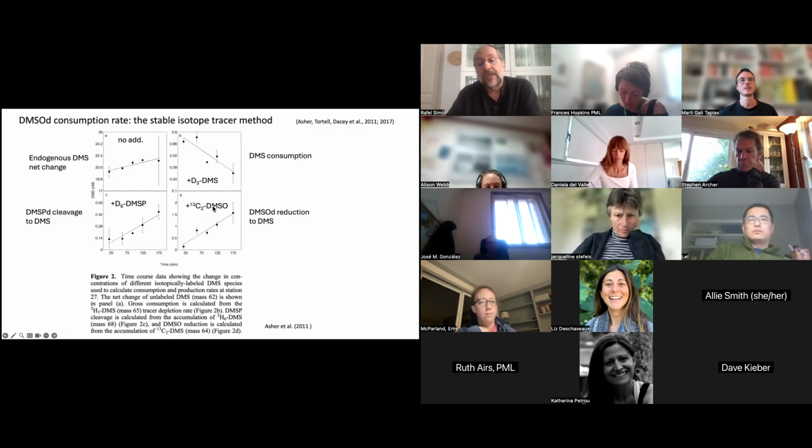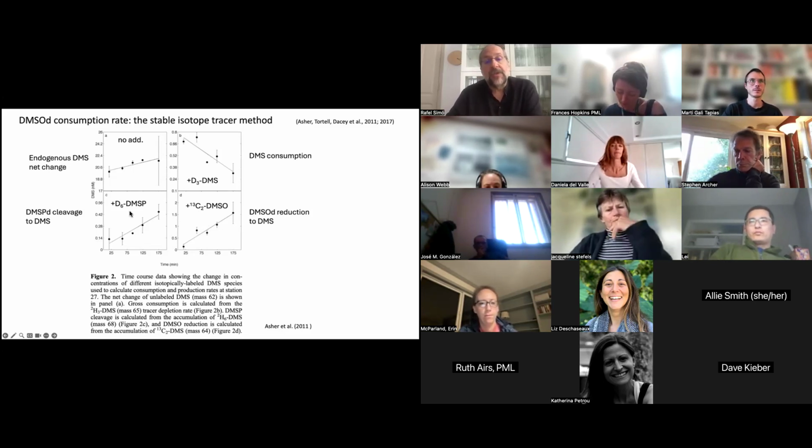And here you have one example down here, which is by adding 13C labeled DMSO, and then just monitoring the appearance of 13C labeled DMS, you can estimate the transformation or the reduction of DMSO into DMS.